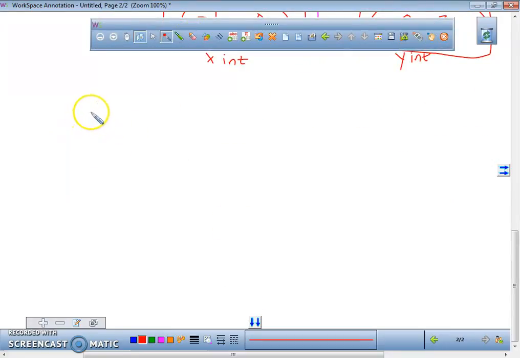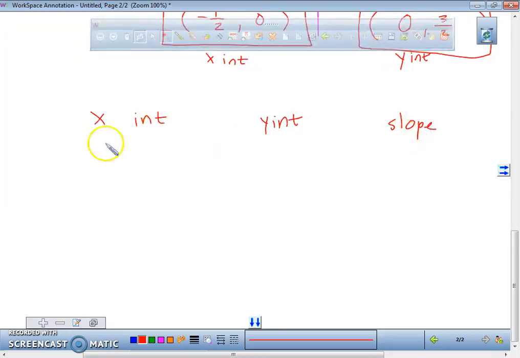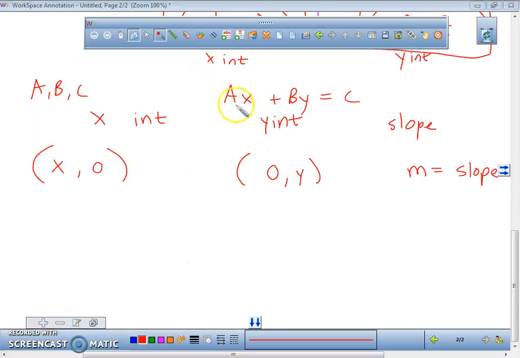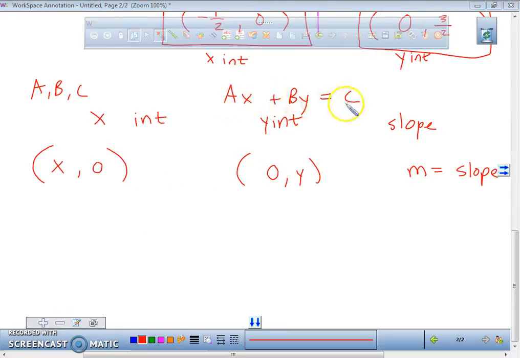Here are quick formulas to find your x-intercept, your y-intercept, and your slope using the values of A, B, and C. You're going to want to write this down. So here's your standard form: ax plus by equals c.